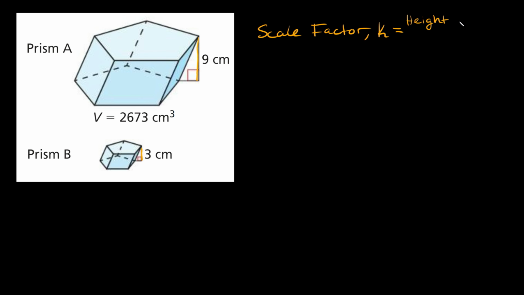The height of prism A, which we want to compare to the height of prism B. So the height of prism A is 9, and the height of B is 3. So 9 divided by 3 is equal to 3. So this is going to be our scale factor k this time. So let's write that here. So k is going to be equal to 3.